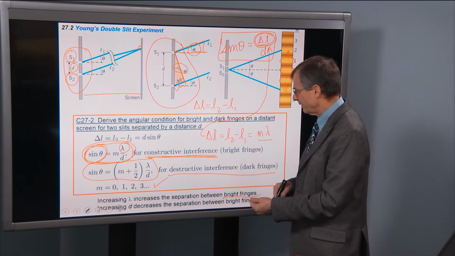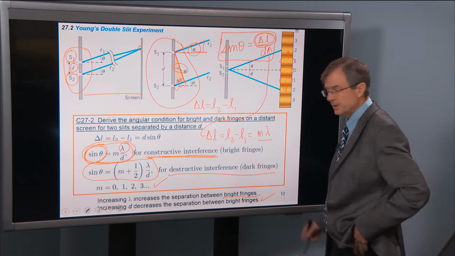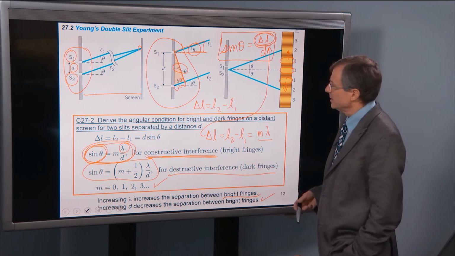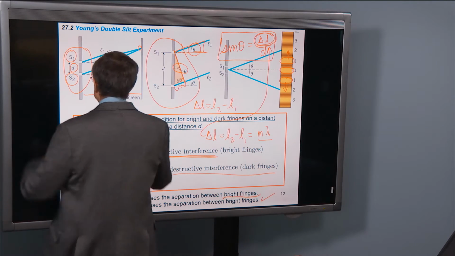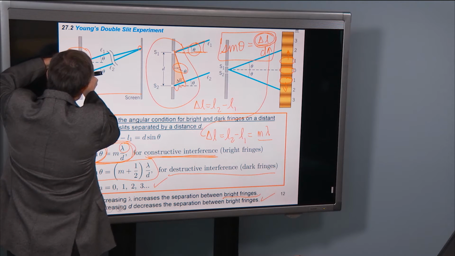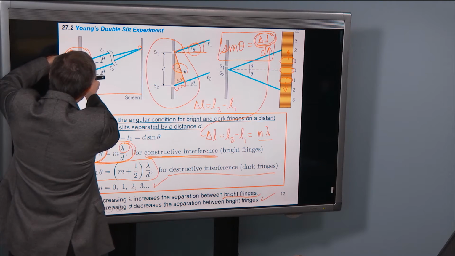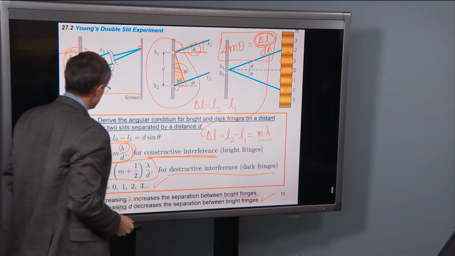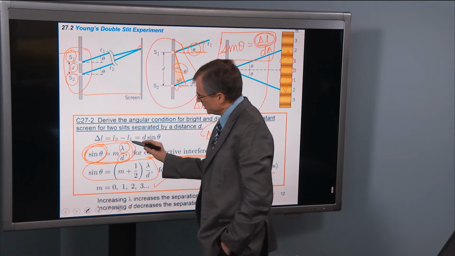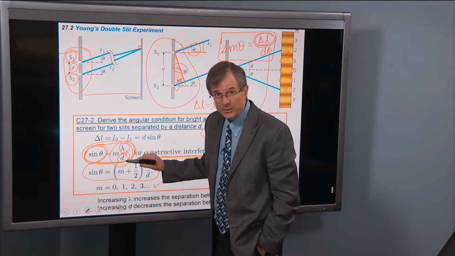If we increase the wavelength, actually, what we'll actually see in the demo is this guy here. So let's talk about him. Increasing D. So now we're interested in increasing the slit separation. What happens then? If the slit separation, not the slit width, increases, D is increasing here. So this right-hand side with D increasing is going to be decreasing.